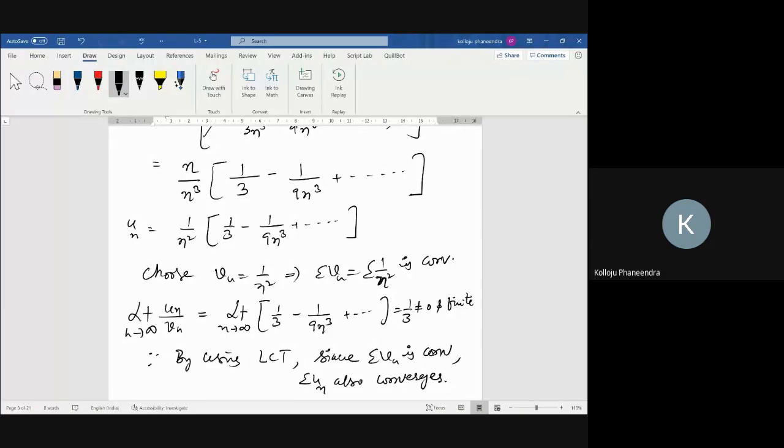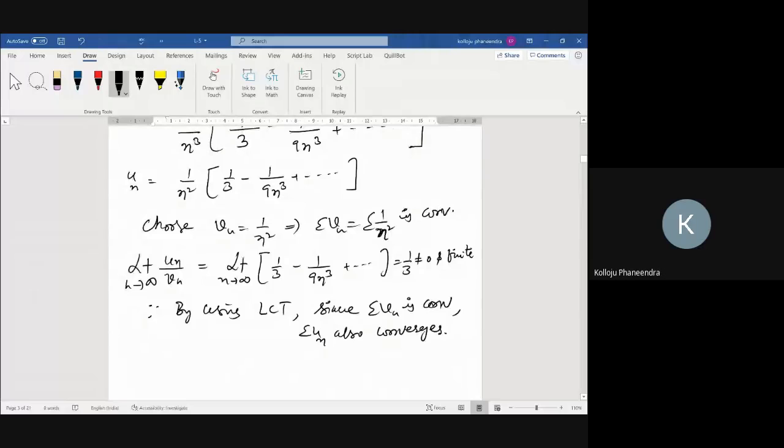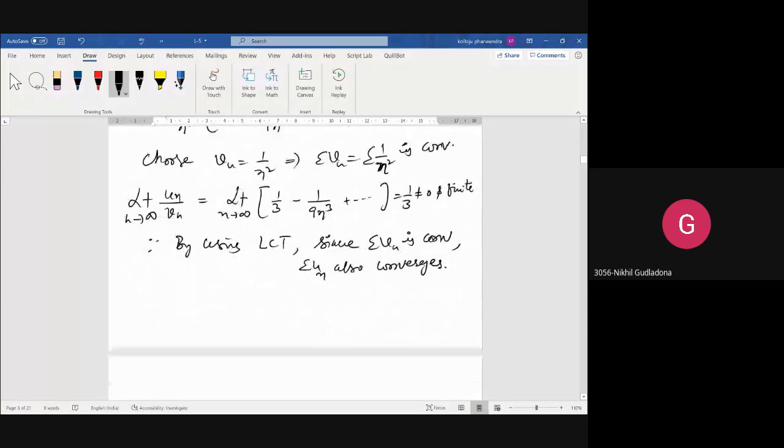Sir, I have a doubt. In the second question, can we just neglect the terms which have numerator 4?